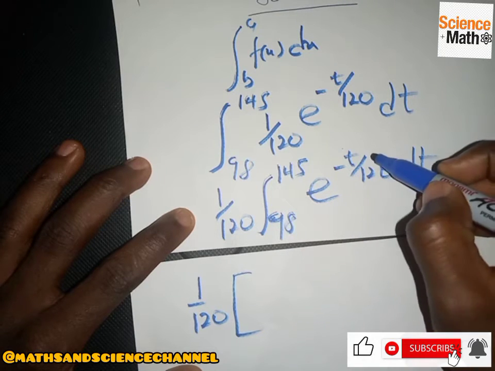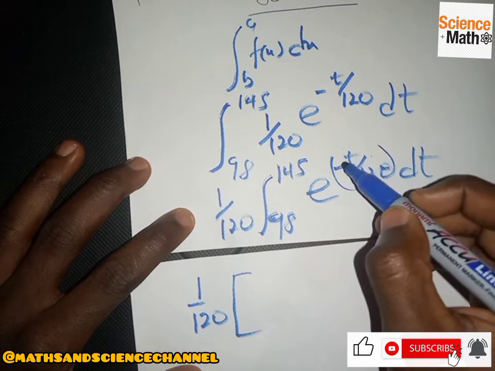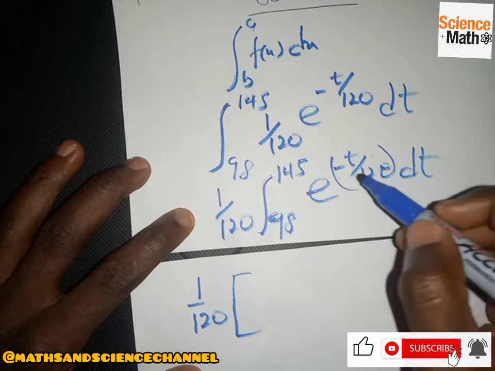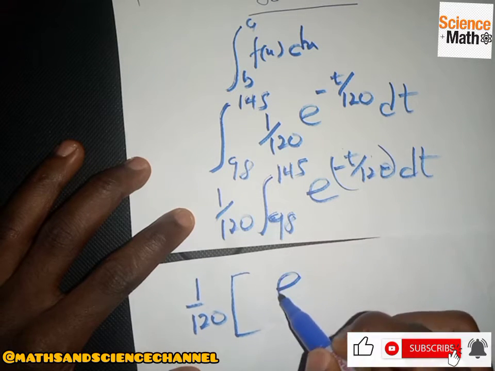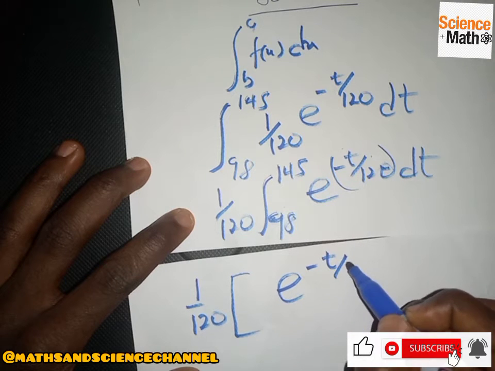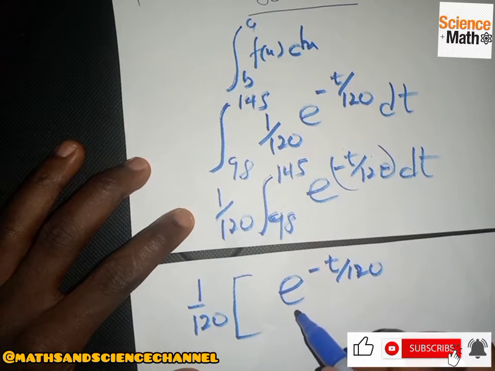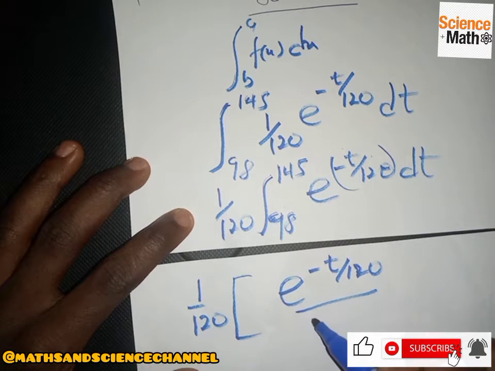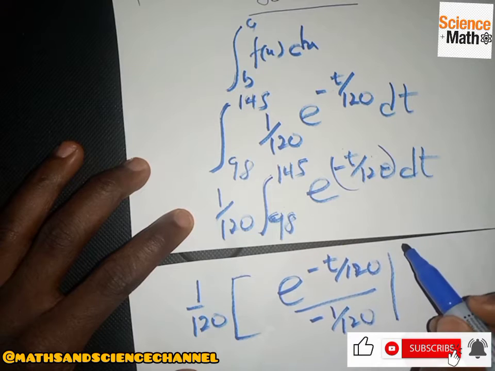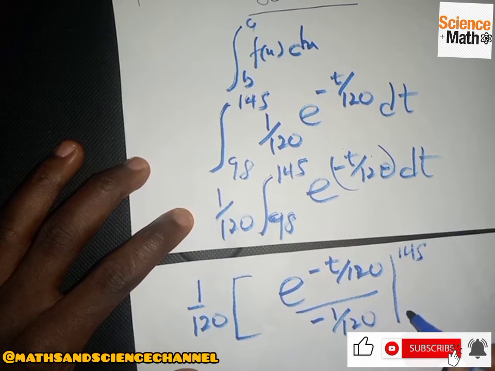To differentiate this only, minus t over 120 is just negative 1 over 120. So we'll write the whole thing, and then we divide by the differential of that, which is negative 1 over 120, with limits 145 and 98.